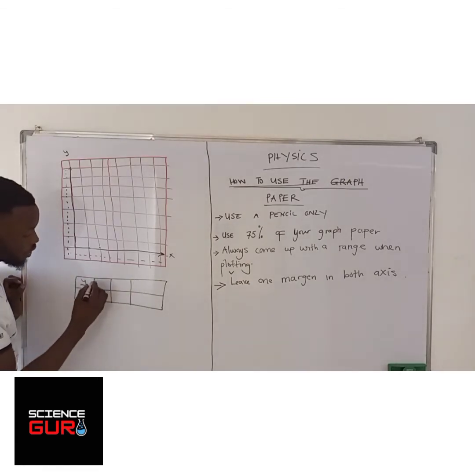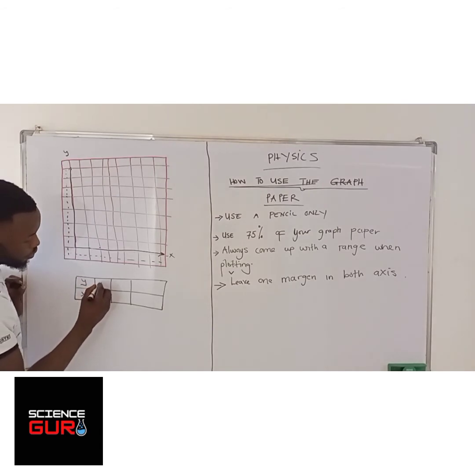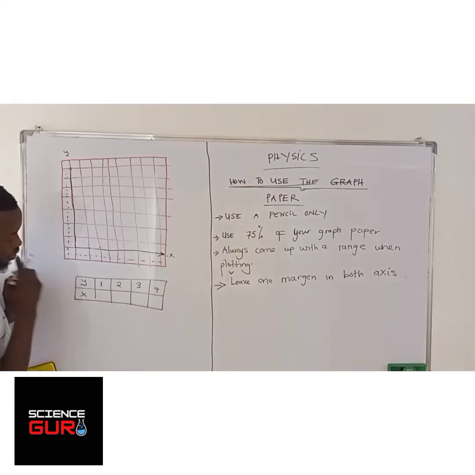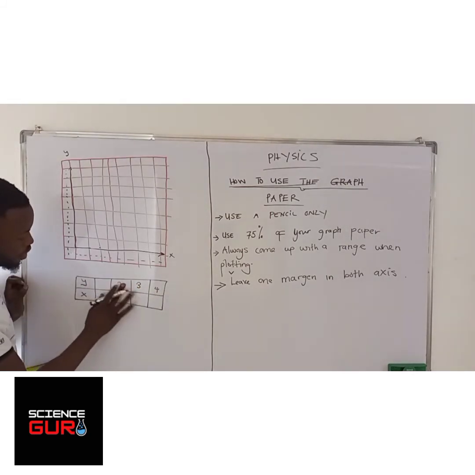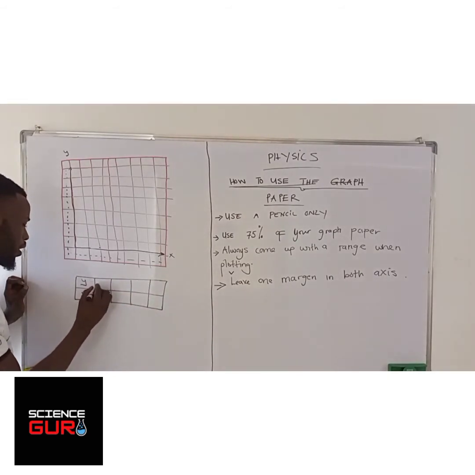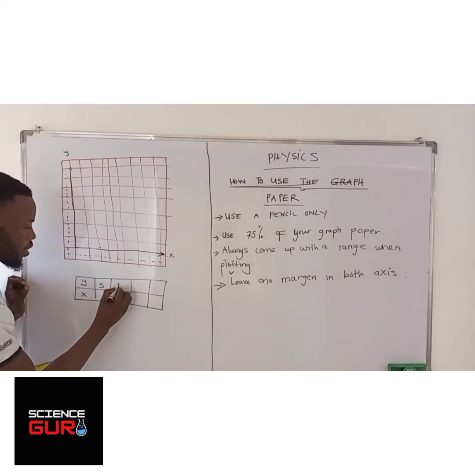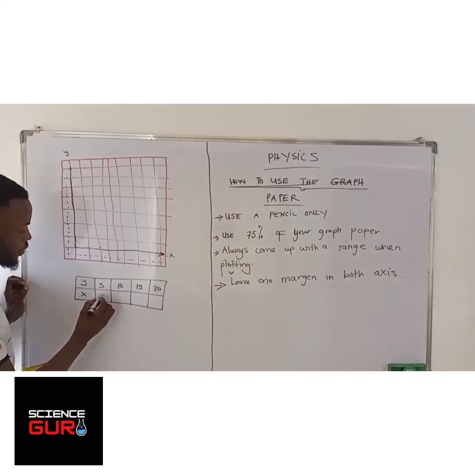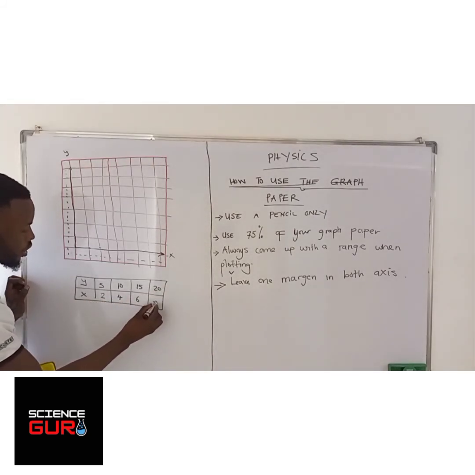Let me give you something: the y values are 5, 10, 15, 20, and the x values are 2, 4, 6, 8.